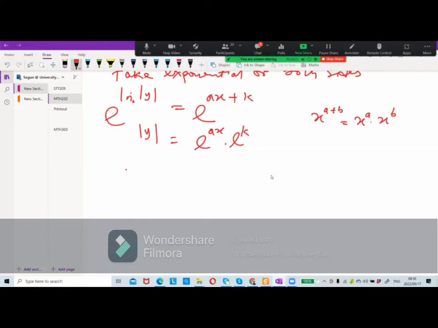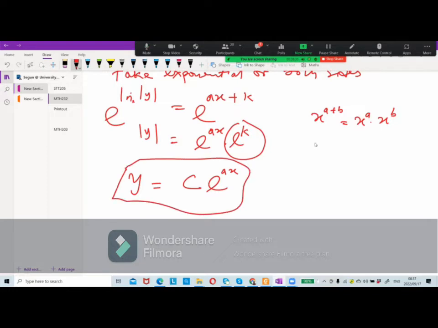So if I go for the positive aspect of this, what am I going to have? y equals, I can call this constant C. I can say C multiplied by exponential of ax, because I know it's a constant. The entire thing there is constant, that's why I represent it by C. So our general y will be this.